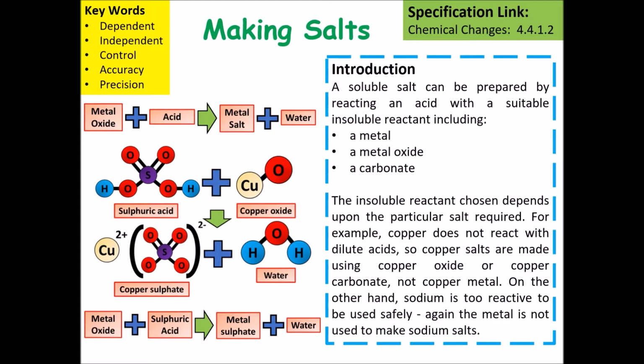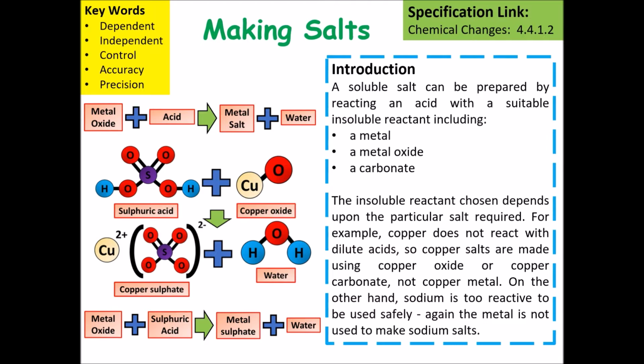For example, copper does not react with dilute acids, so copper salts are made using copper oxide or copper carbonate, not actual copper metal. On the other hand, sodium is too reactive to be used safely, so again, the metal is not used to make sodium salts.